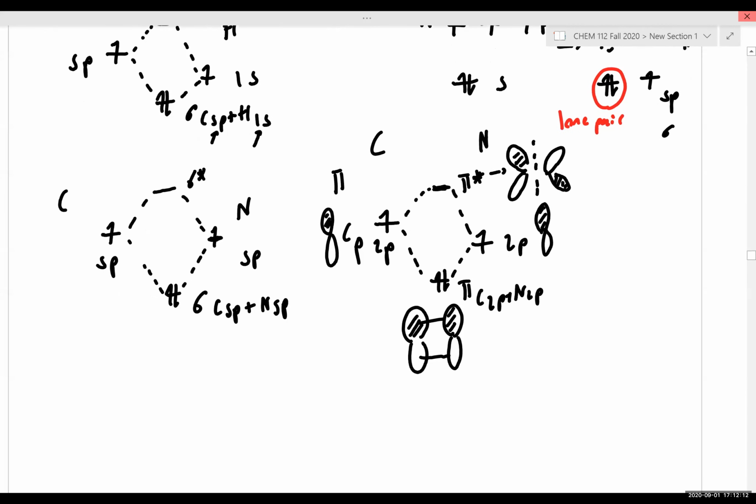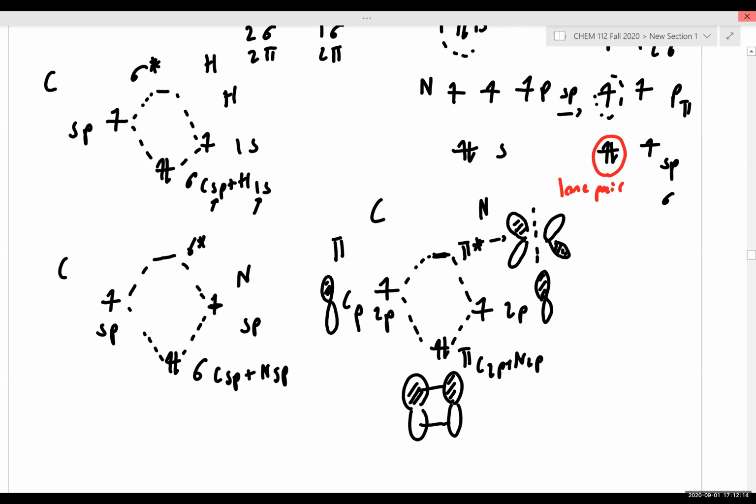Now, one thing that's a little bit interesting about pi bonds is there are two different geometries. If we look at the exact same example, except this time we're looking at a px orbital, for example. Still, we have to form one more pi bond between carbon and nitrogen.